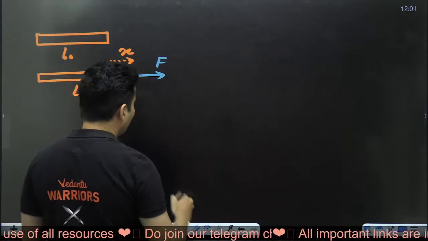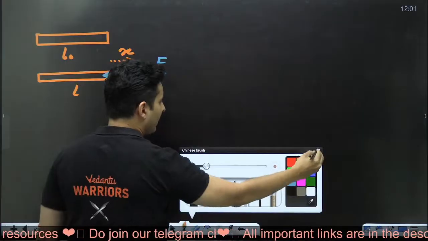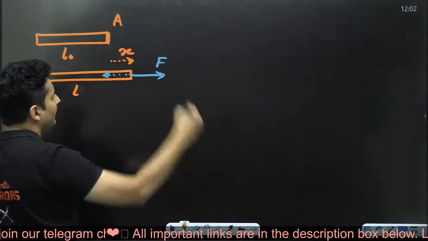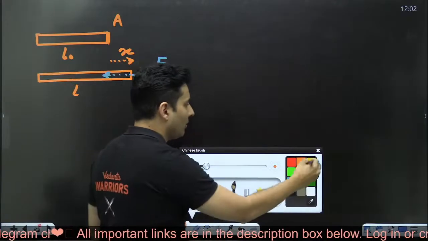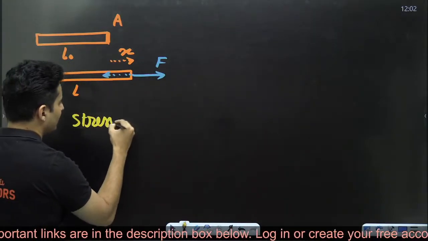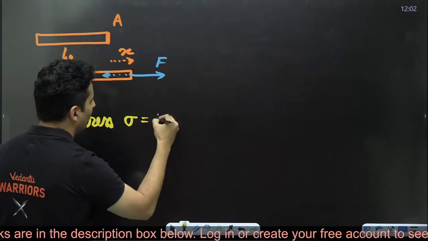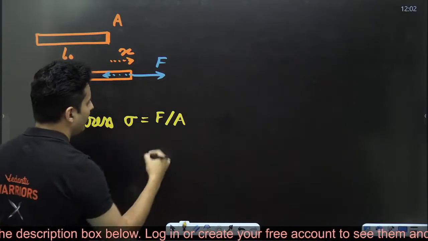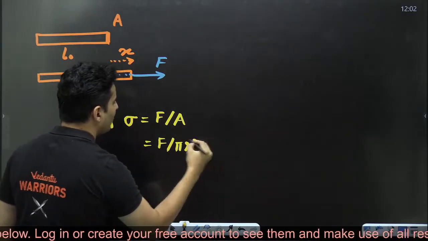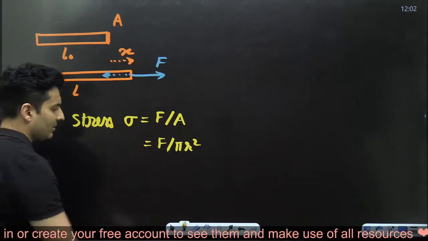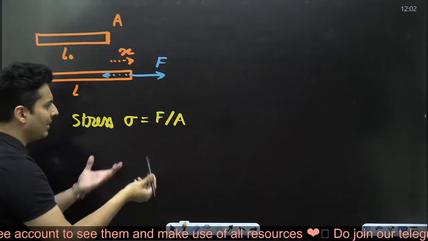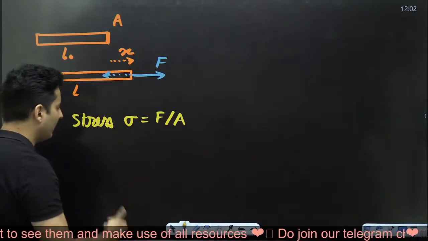And obviously there is a surface area over here on which the force has been applied. So first of all, let's define stress. Stress sigma will be the force which is acting per unit area. Sometimes you can also write it as force by pi r square if it is a circular face. If it is not, then you can just put it as A and you can measure that area accordingly if it is a square or rectangle.